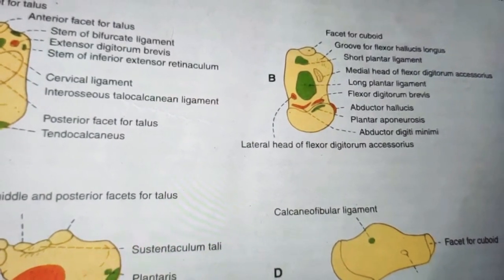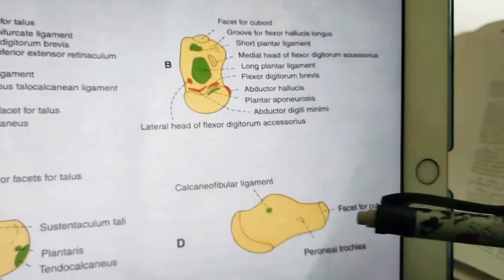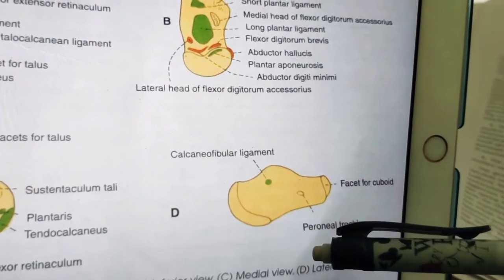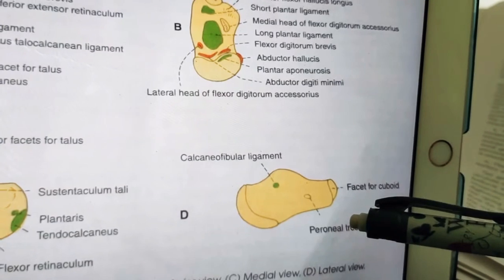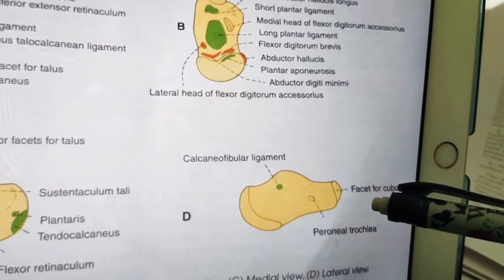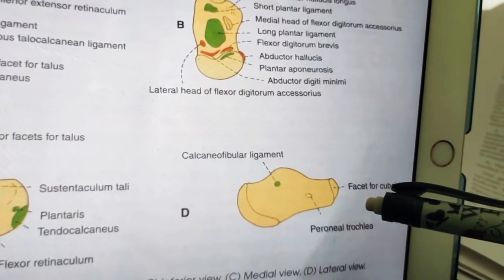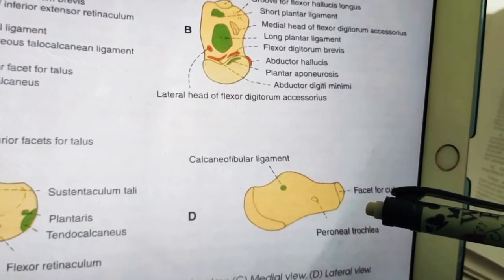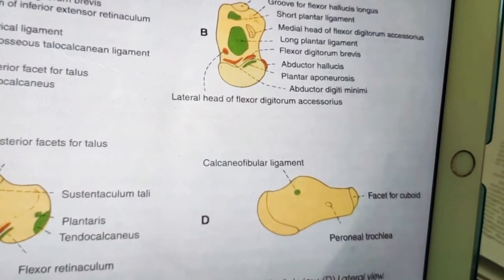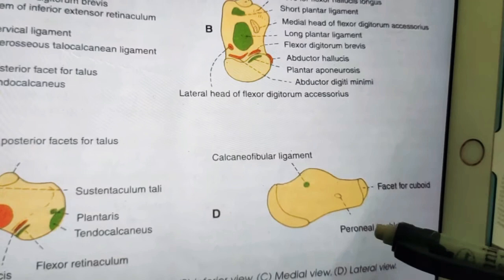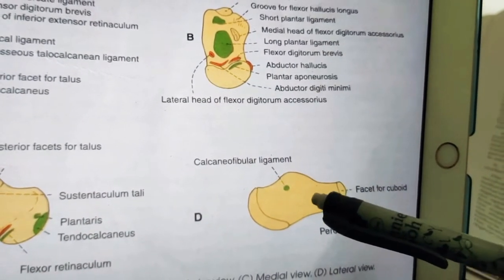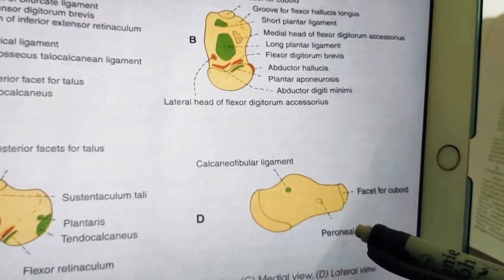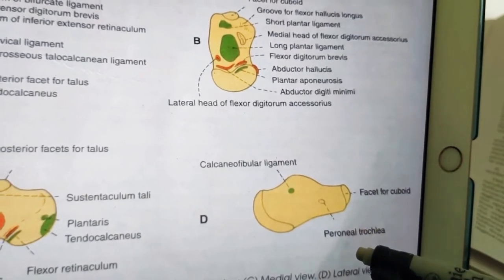So now we'll move on to attachments and relations of the lateral surface. This is a lateral view, right? The peroneal tubercle lies between the tendons of peroneus brevis and peroneus longus. Peroneus brevis will be above, and peroneus longus will be below. So in between peroneus brevis and peroneus longus there will be the peroneal tubercle, okay.